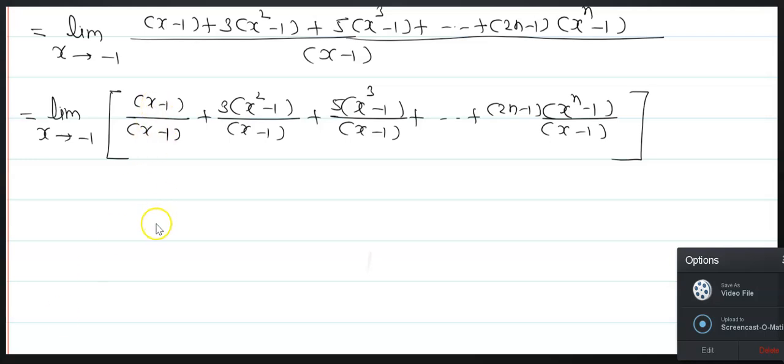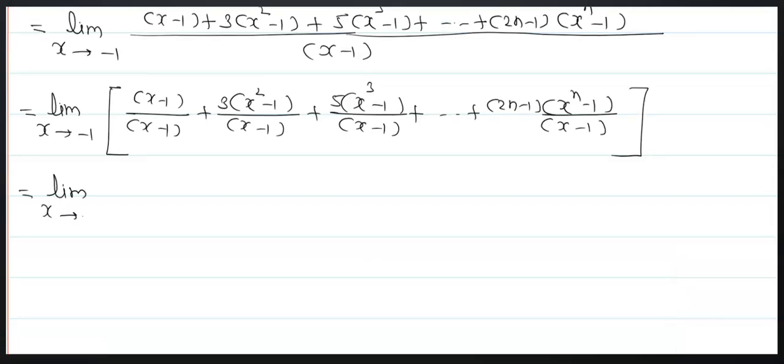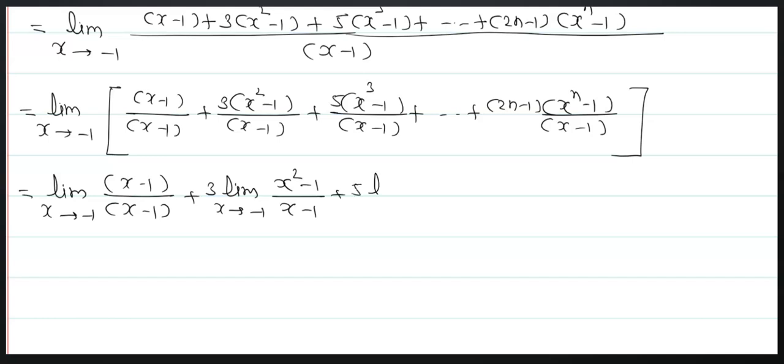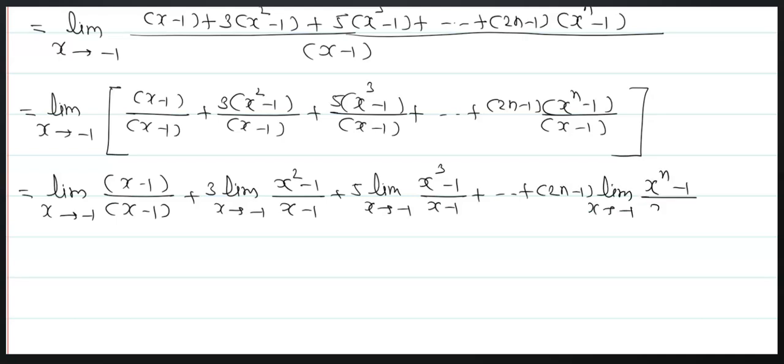The value of this limit is 1. Apply the formula: limit x tends to minus 1, x raised to n minus 1 upon x minus 1, is n times the appropriate power.